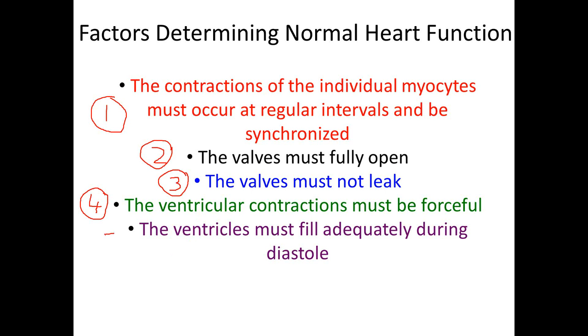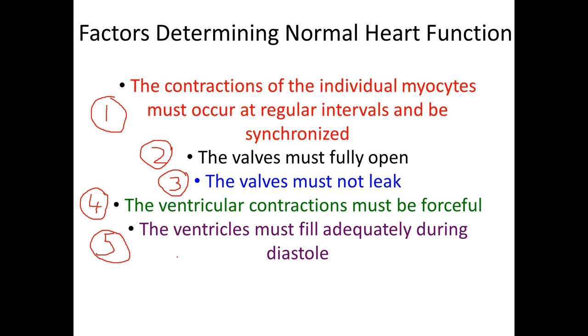And finally, the ventricles must fill adequately during diastole. So there must be enough space in there, and they must be open enough to fill with enough blood to pump on the next stage of the journey. And again, in very diseased hearts, sometimes the walls of the heart become so thick that there isn't much space in the ventricles for blood.